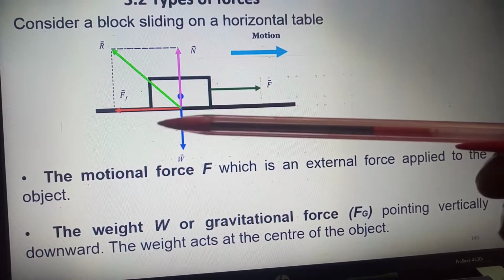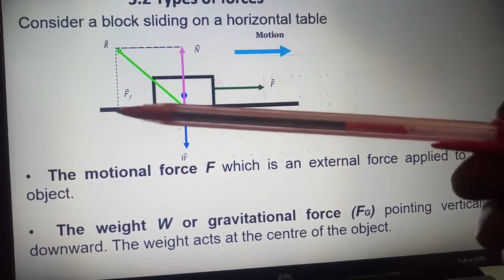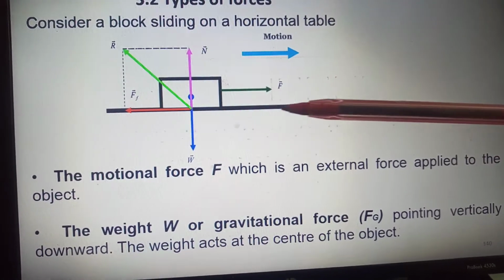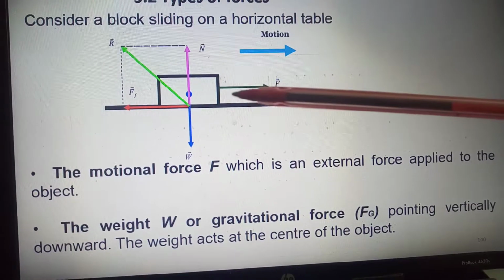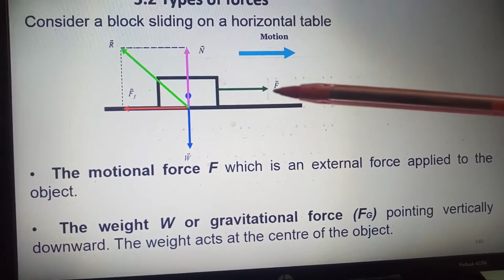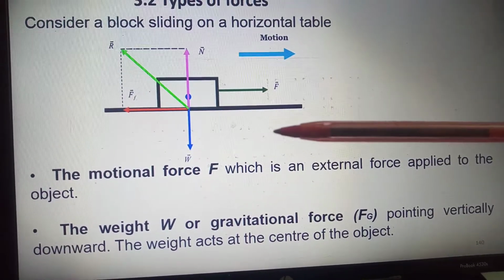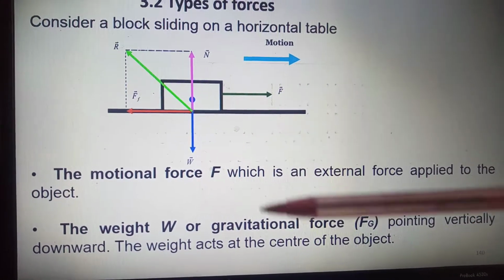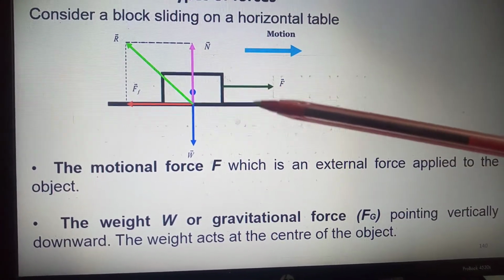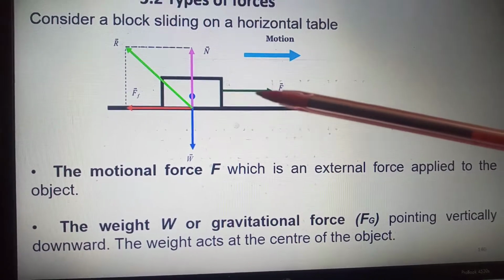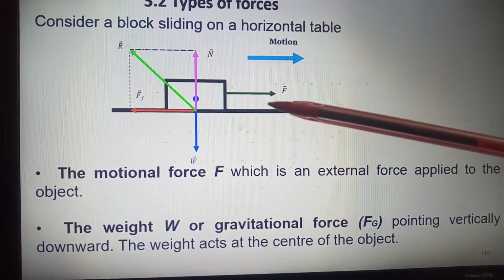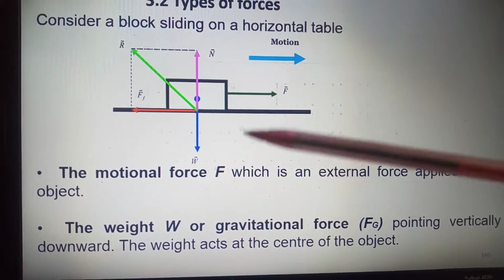This resistance is called the force of friction. Here comes another force, a force oriented in the direction of motion, which is called the motional force. Once the body is connected to a string, this motional force is called the tension force. The tension force means a force on a string.